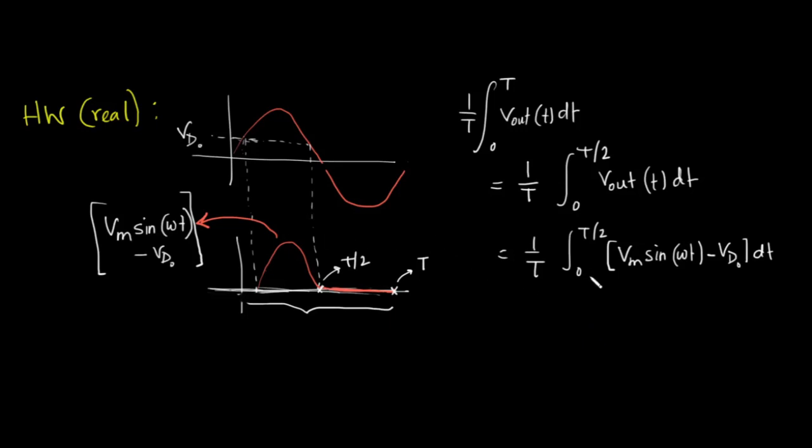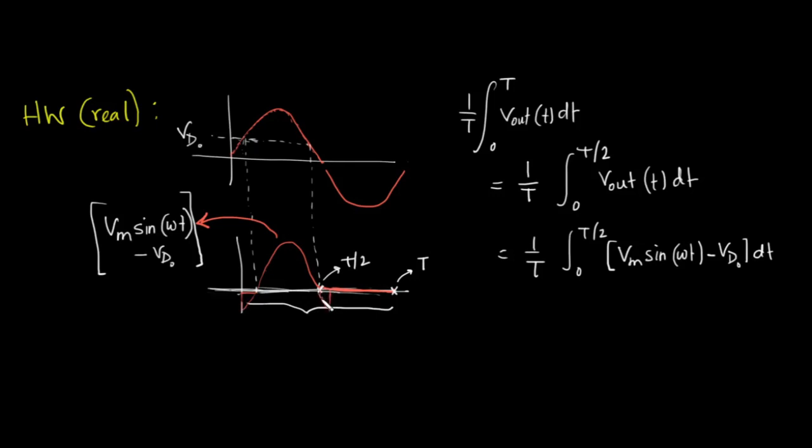What is the catch? What is the graph of Vm sin omega t? Well, this is the graph of Vm sin omega t, this portion of the graph. So if we subtract Vd naught from that, there will actually come a portion below the time axis.